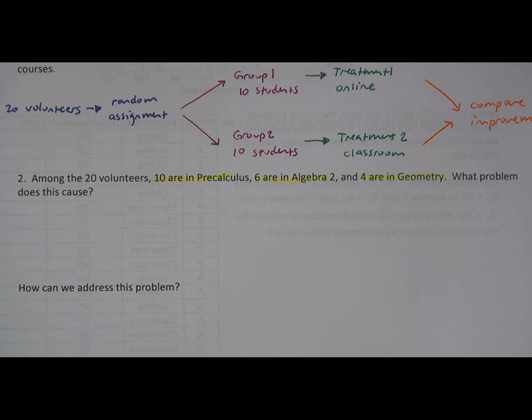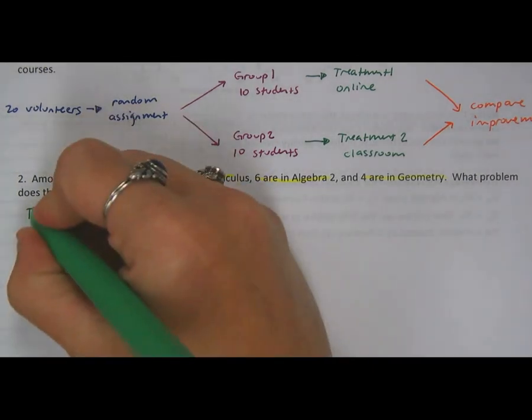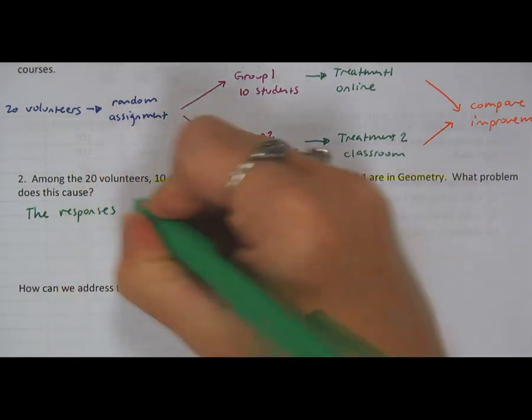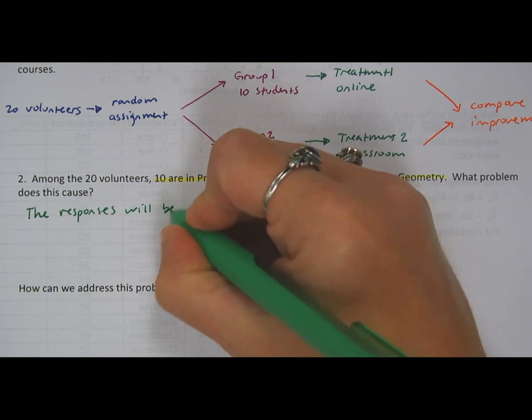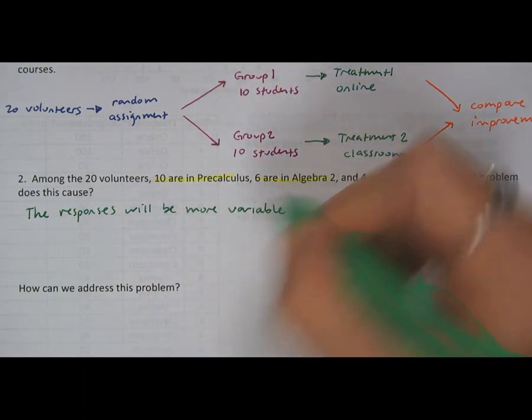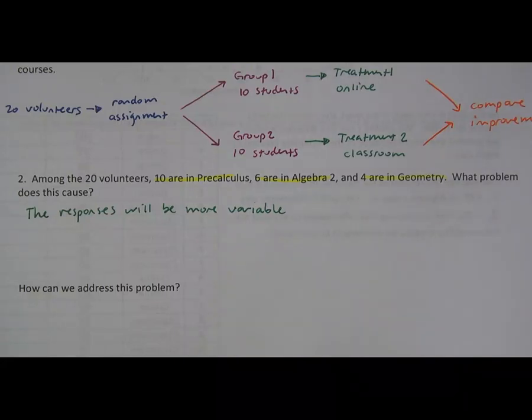Bingo, that's it. So we're probably going to see different results within each of those math levels. So I think what I put on my notes originally and what's in Schoology, it says the responses will be more variable, like more spread out, than they would otherwise.